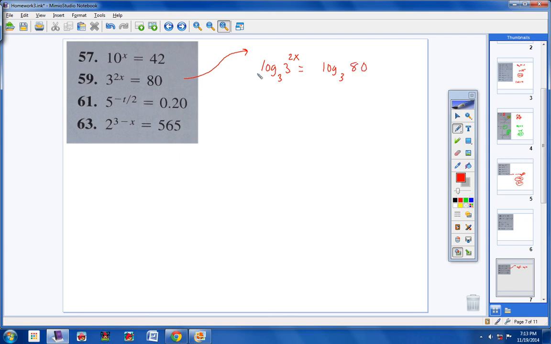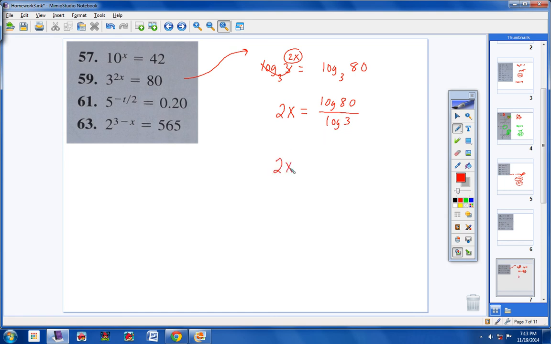Now whenever your base matches your base, the answer is your exponent. So 2x. And then over here, our calculators do not do base 3, but we can rewrite it like this. Log of 80 over log of 3. Okay? And then get that into a decimal.